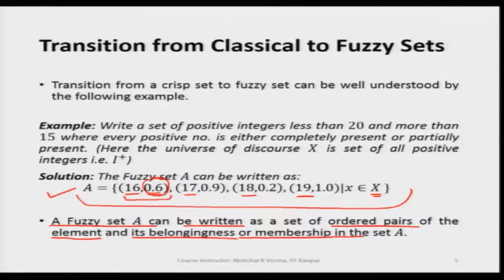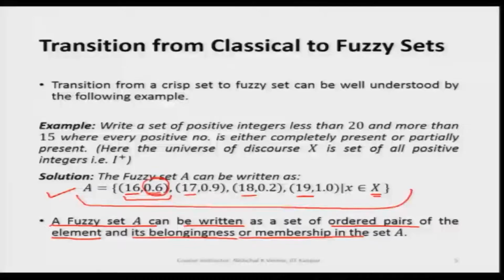That is why it was not needed, but here, since fuzzy set, fuzzy logic, fuzzy system is based on fuzzy logic, which is of course a multi-valued logic, no matter whether an element is present with 100% or not, all the elements from the universe of discourse must be included in the fuzzy set.